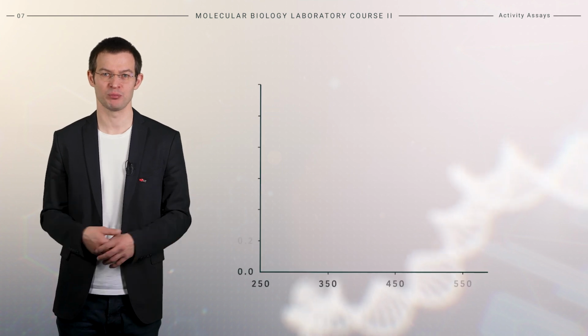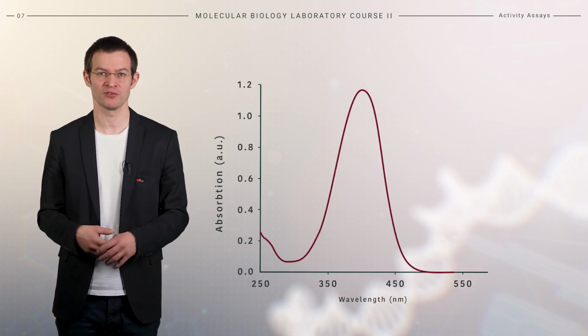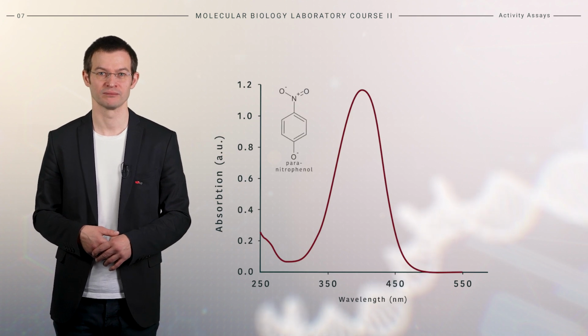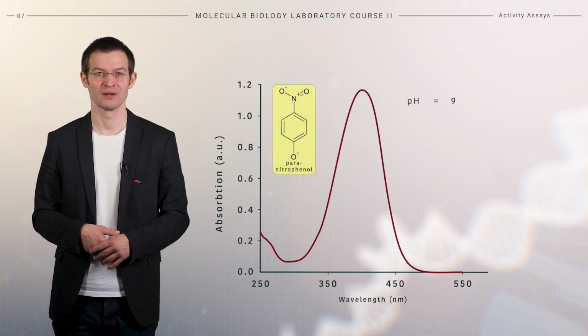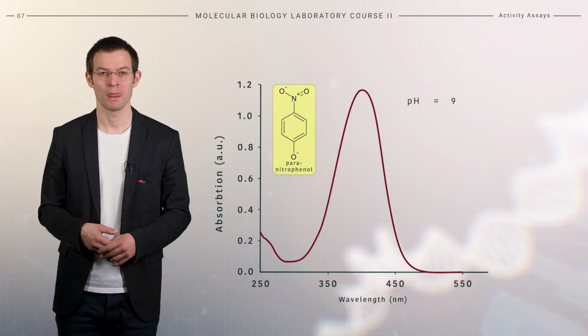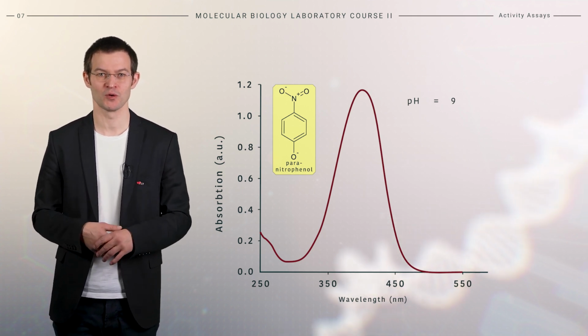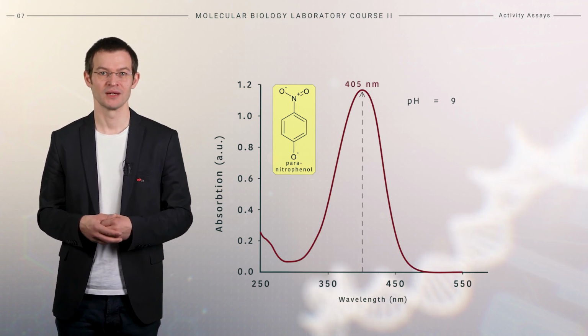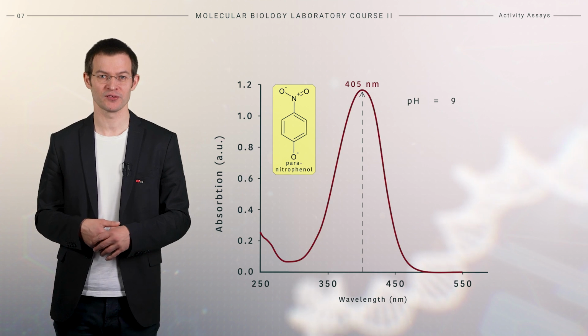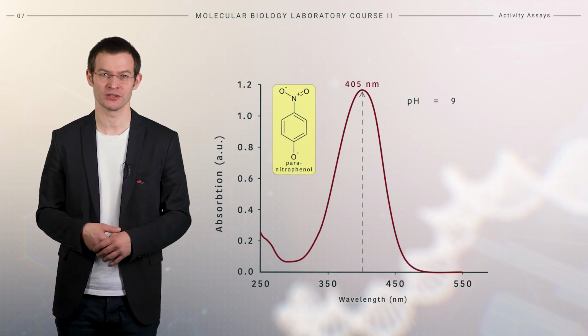Let's consider an example. Here we see the spectrum of the molecule paranitrophenol. It appears bright yellow at an alkaline pH of 9. When analyzed with a photometer, paranitrophenol shows maximal absorbance at a wavelength of 405 nanometer. In this case, we have a paranitrophenol solution of an unknown concentration.